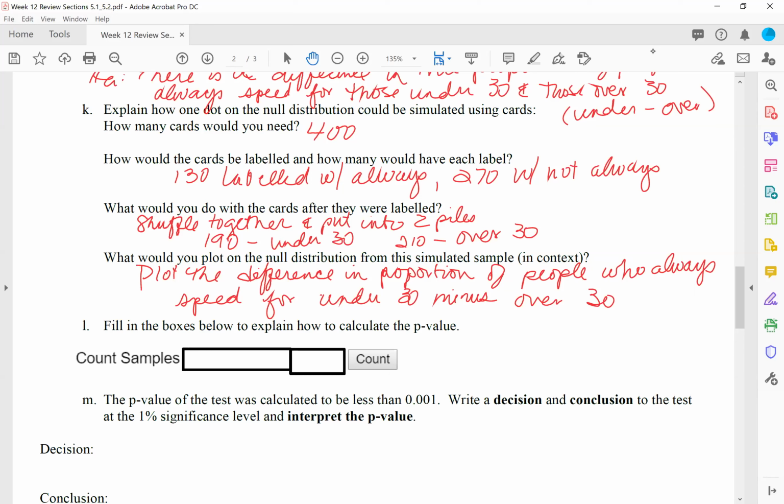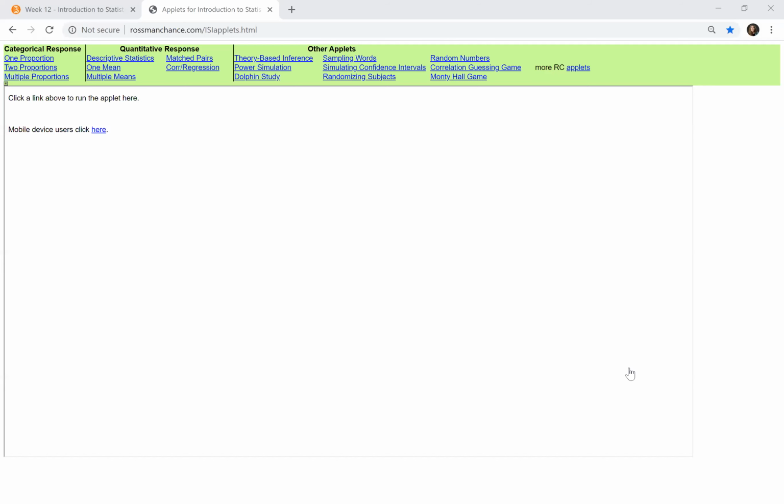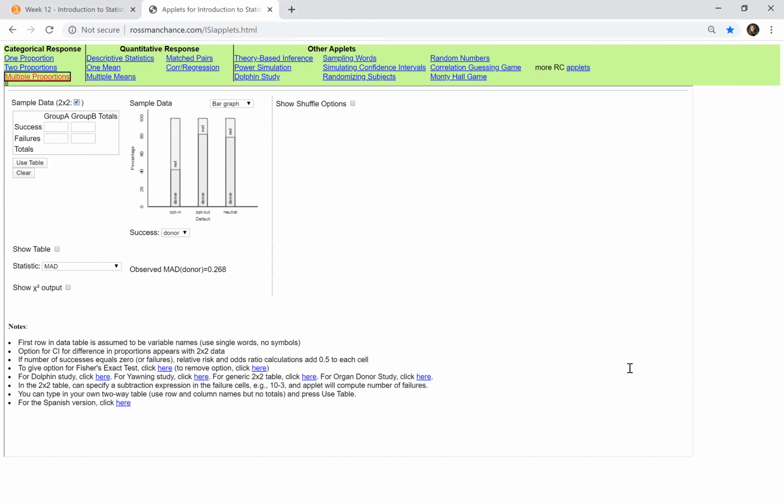So I'm going to switch over to the applet, and we'll put the data into the applet just so you can see how the applet is set up. We're using this multiple proportions applet and the 2x2 table for our successes.